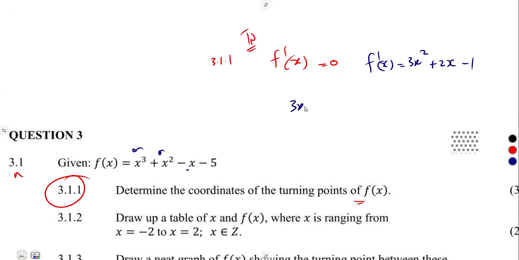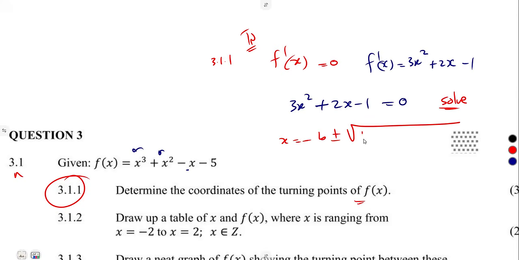And this is a 0. So that is supposed to be equal to 0, this one. So you solve according to any understanding that you have. Factorization, if possible, or use the quadratic formula. X is equal to minus b plus or minus the square root of b squared minus 4ac over 2a. Remember your quadratic formula.